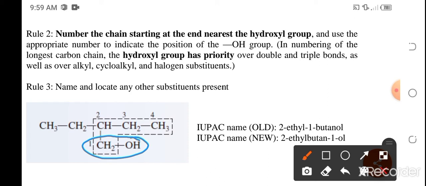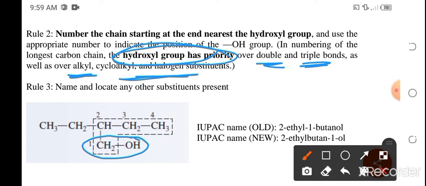Okay. The hydroxyl, take note, the hydroxyl has the highest priority over double bond, over triple bond, as well as over other alkyl group or over other halogens. So, priority si hydroxyl. Okay, so dapat siya yung magkaroon ng lowest number kapag mag-a-assign tayo ng number dun sa parent chain.